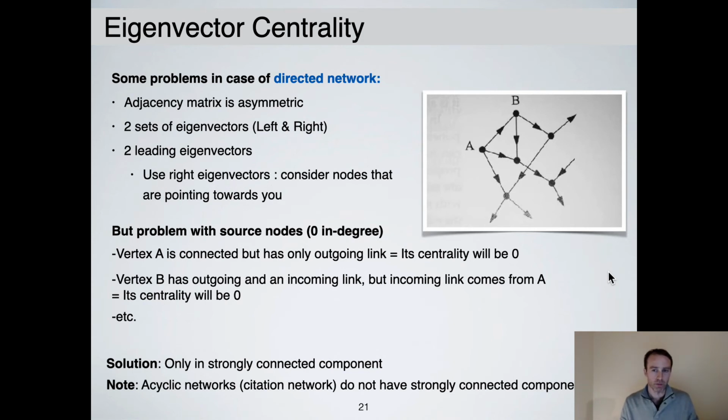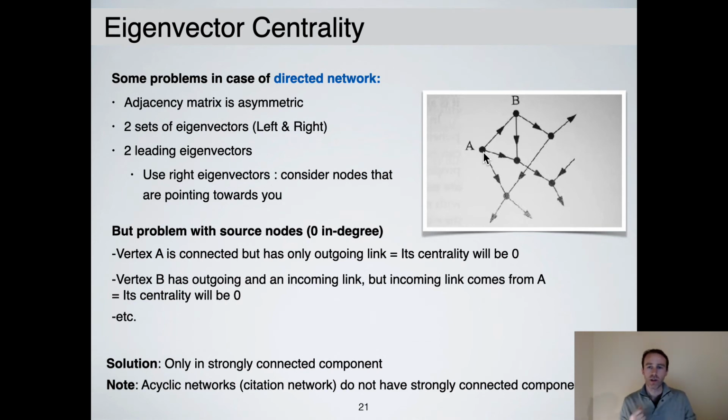It's popular and has been used, but it has a problem in the case of directed networks. If you remember what I just described, you see that in this directed network, you will have a problem with node A. Node A will send its score to all the neighbors, but you see that it has no incoming edges.